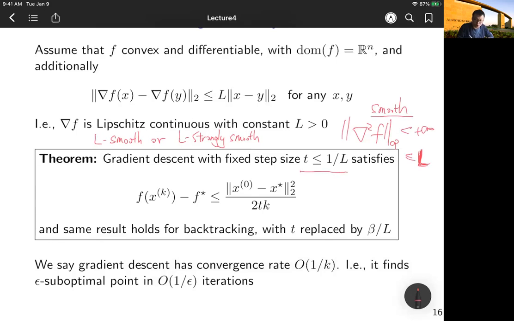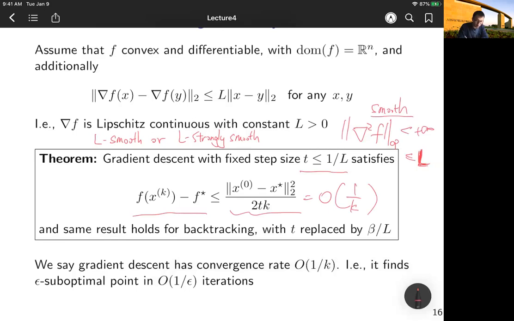Okay, so suppose we have this additional condition, then by setting any fixed step size t that satisfies that it is smaller than 1 over L, then we can show that after k iterations of gradient descent, the suboptimality, so this is the difference between the objective function criteria of the kth iterate and that of the optimal solution, is smaller than something that goes to 0 at a rate of 1 over k.